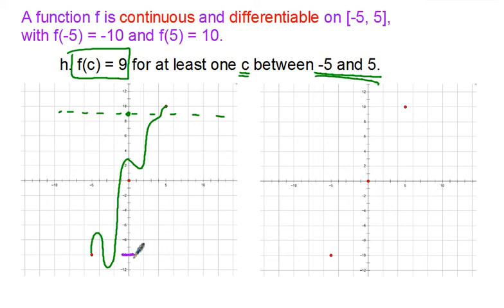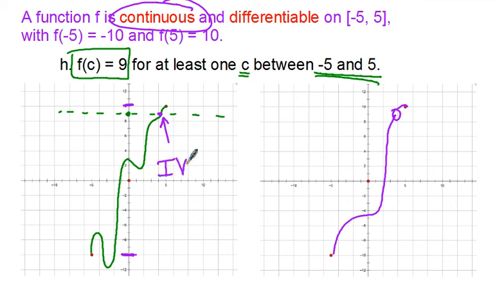This guy is 10 feet below sea level, and later on, he's 10 feet above sea level. Does it make sense intuitively that at some point he was 9 feet above sea level? He had to be. The reason we know is because the graph was continuous. If it weren't continuous, then we could skip 9. Maybe there's a hole there. But as long as it's continuous, you can be sure that it hits 9. That's called the intermediate value property, and it applies to all continuous functions.